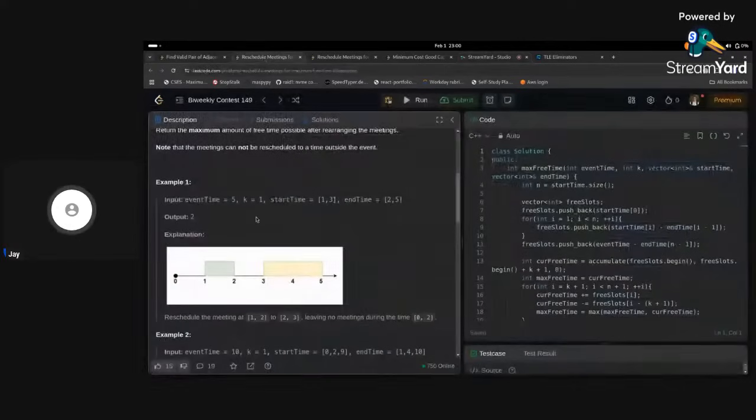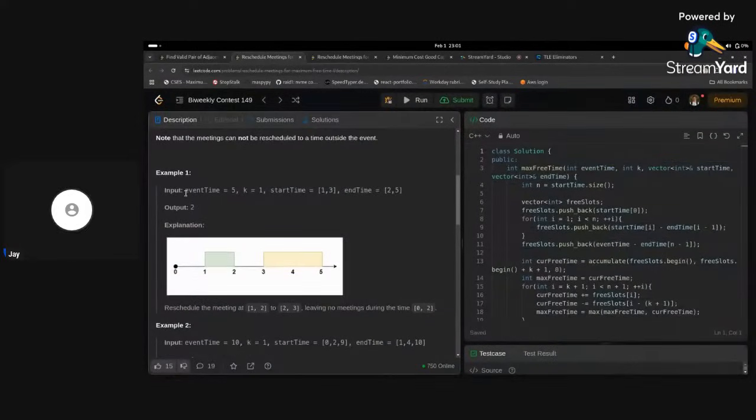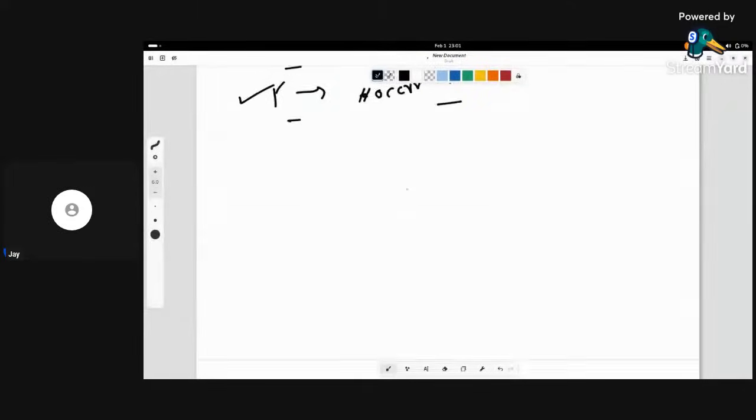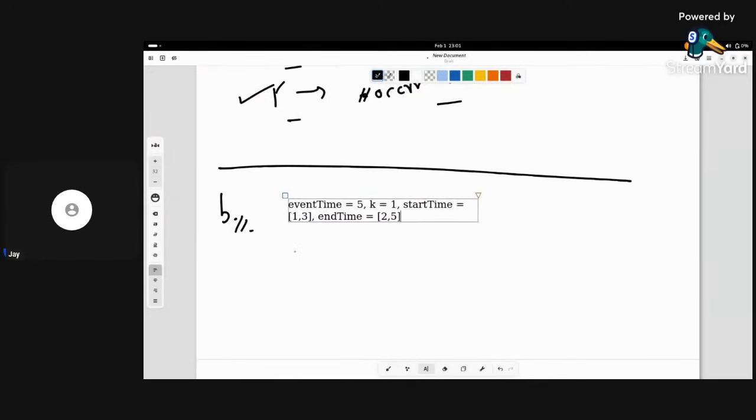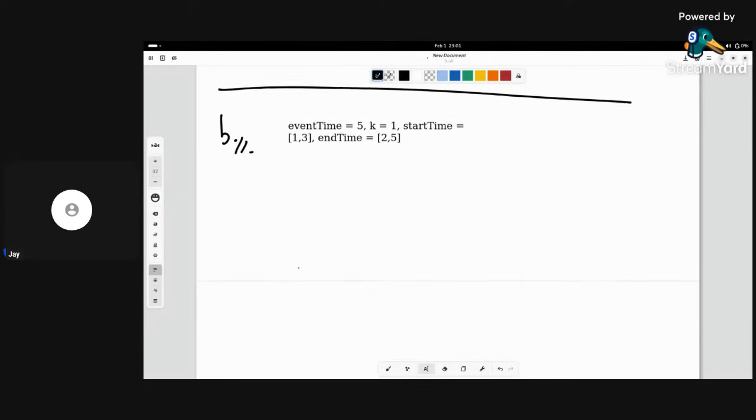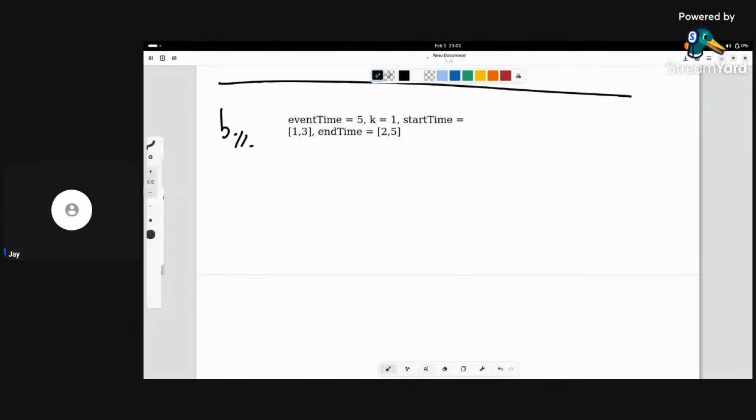Let's look at the example. The first example was event time is 5, and these were the meeting times. So this is 0, this is 5. Basically it was given that the event time was 5.